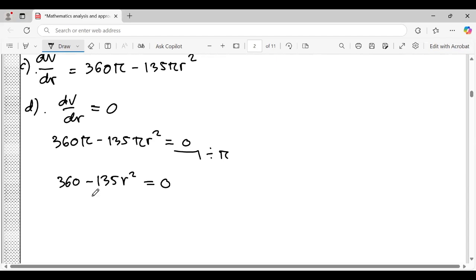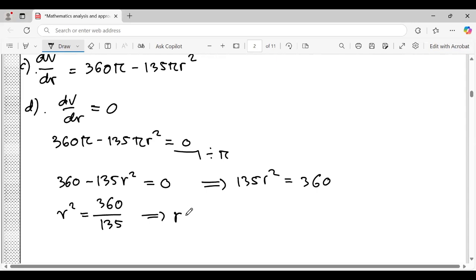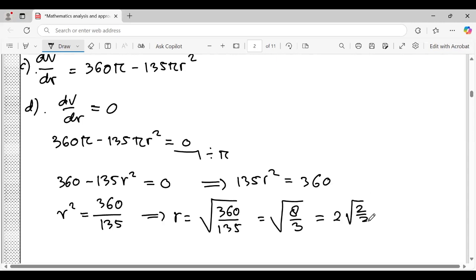So 135 r squared equals 360, and r squared equals 360 divided by 135. So r equals square root of 360 over 135, or square root of 8/3, or it is 4 times 2, it means 2 square root 2/3.